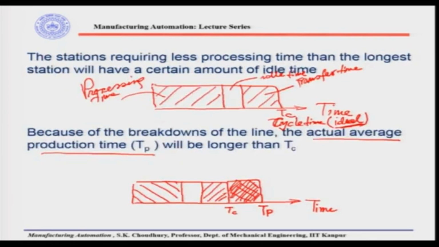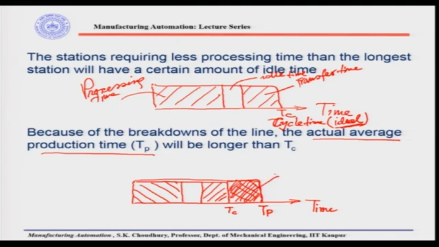What we mean is that when the line is working, certain breakdowns happen, and there should be some operator or technician who will diagnose it and correct it to rerun the machine, and that takes this much time.